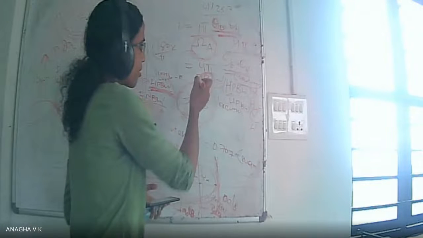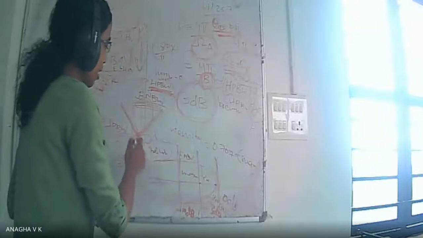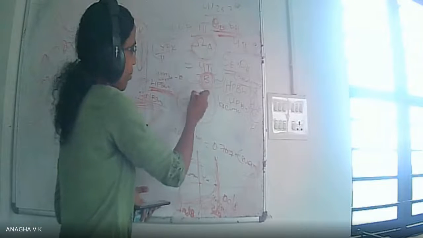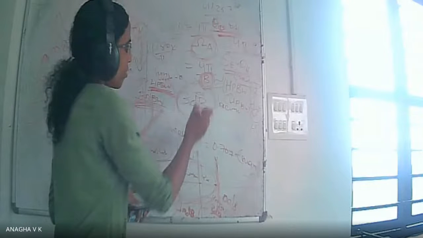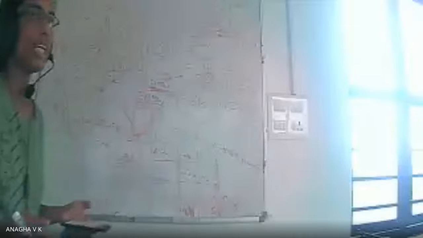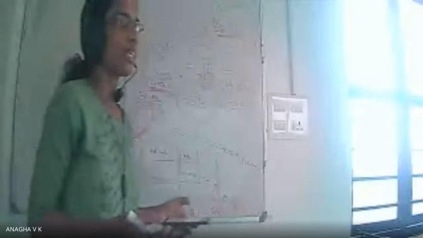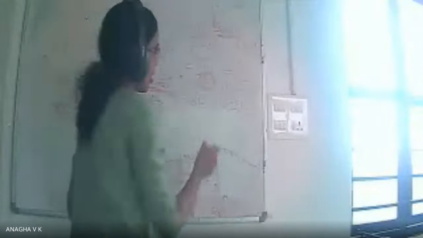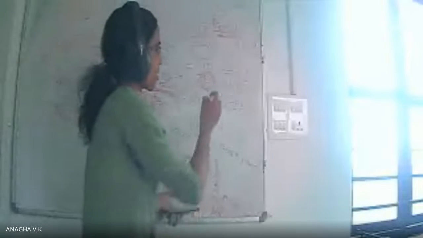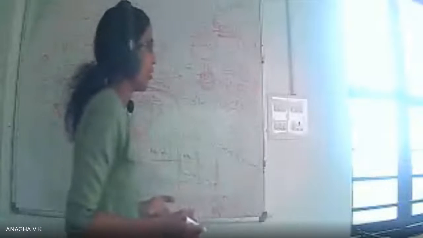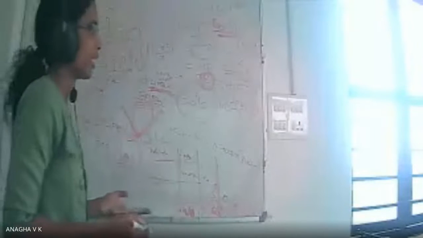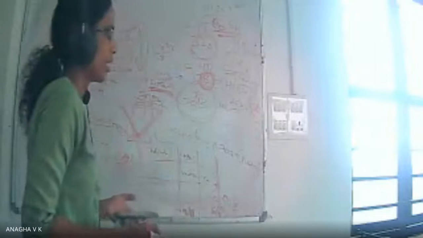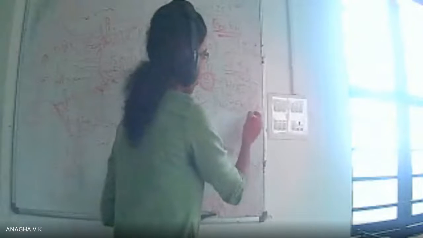Why did the B come here? B came here because of the radiation pattern. We are defining directivity in terms of radiation pattern. I already told you, the radiation pattern is indicated in terms of field intensity, and that's why B came here. So B we can write as theta E into theta H. B is the half power beamwidth in the E plane, that is the horizontal plane, into the half power beamwidth in the H plane, the vertical plane.